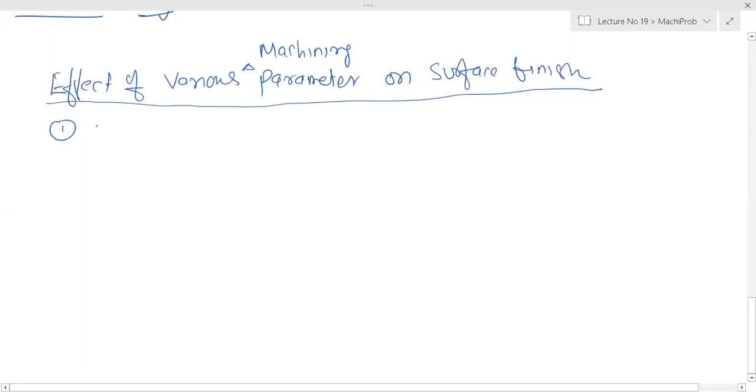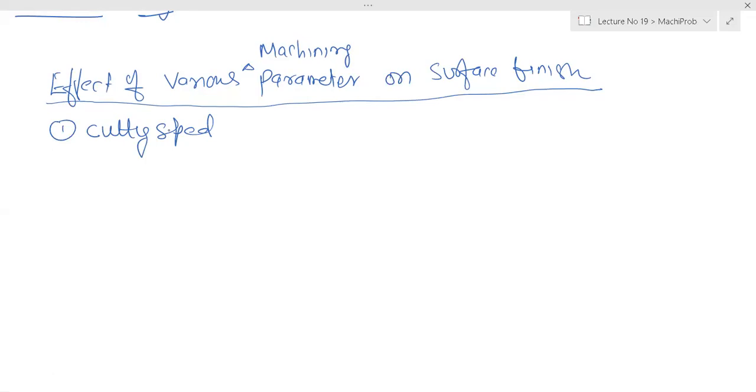First is your speed, cutting speed. Common sense tells us that at higher speed, the metal removal rate will be high, but surface finish will be poor. So we have two types.